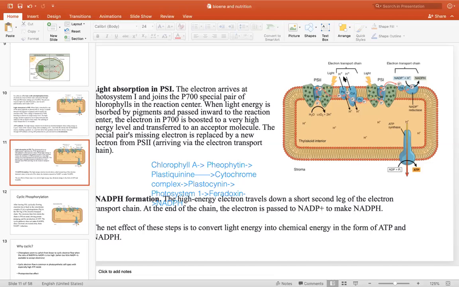Over here is where the H plus ion comes inside, cytochrome complex to plastocyanin to photosystem 1, photosystem 1 to ferredoxin and ferredoxin to NADPH. Okay, this is the chain of electrons. Remember this, it may come as a question, it may not, but just make sure you know it. Okay? Okay. Let's continue.